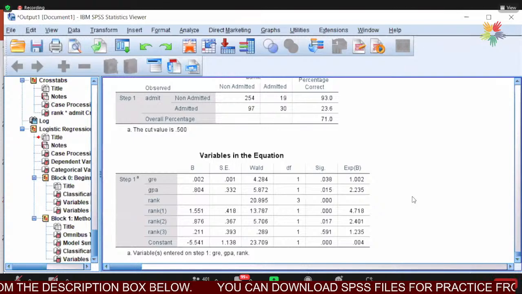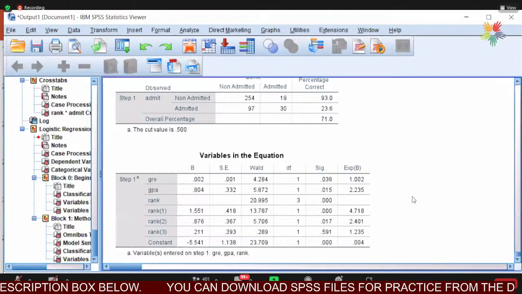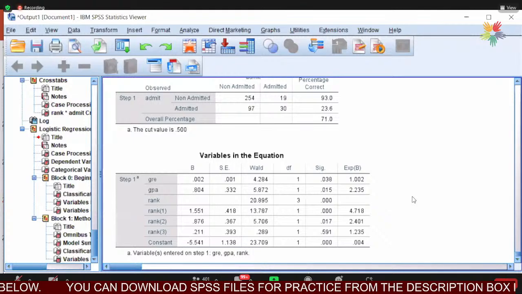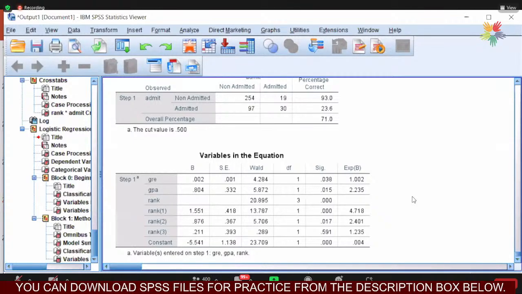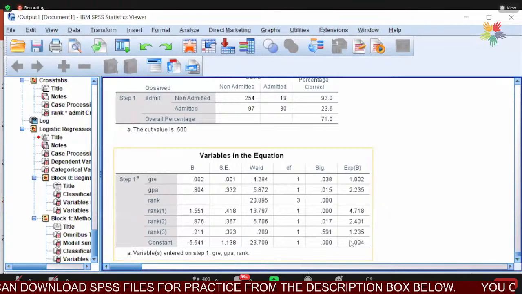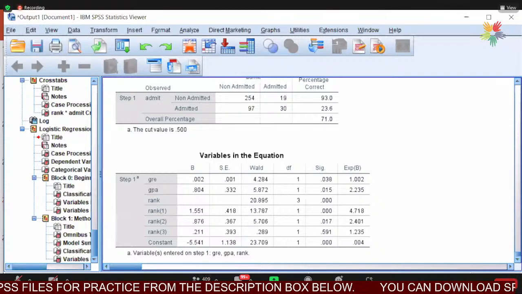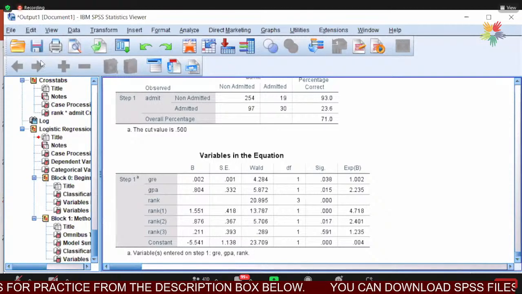When you use beta, my dependent variable is log of odds, right? Logs are themselves difficult to understand. When you use beta, look at my dependent variable.